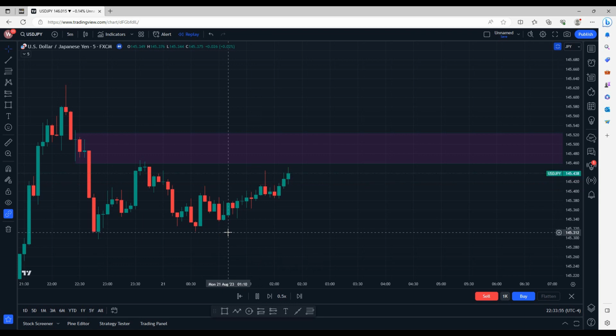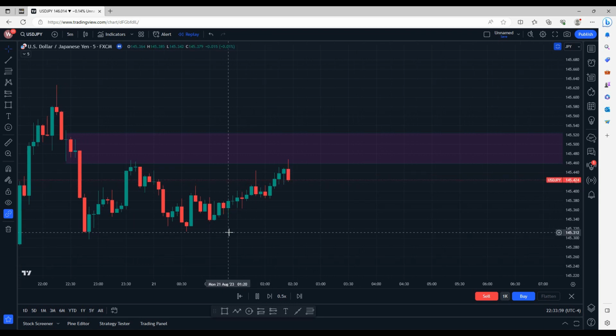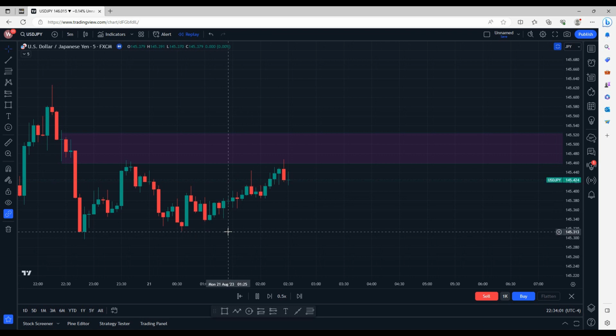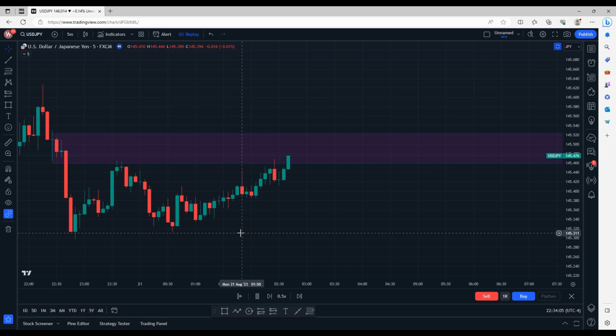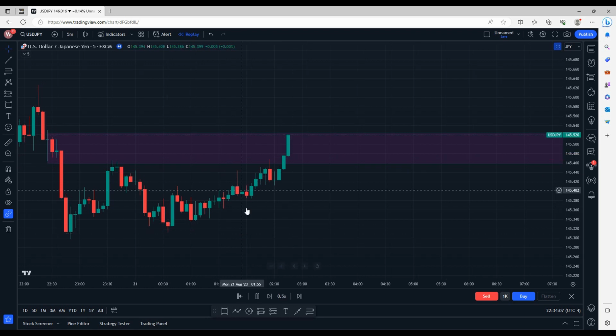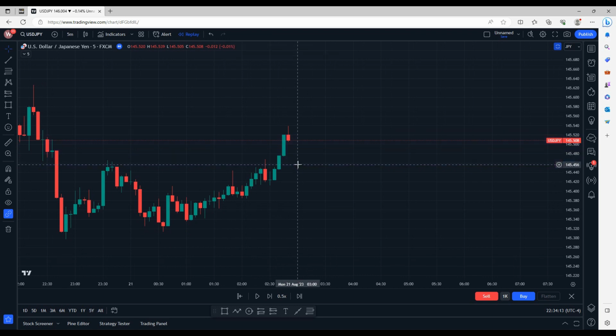We'll keep this on there because it might react again. Got a small reaction, but it got invalidated right away, so we'll get rid of this zone. Looks like we have a change of character.